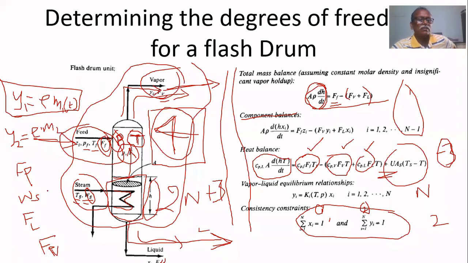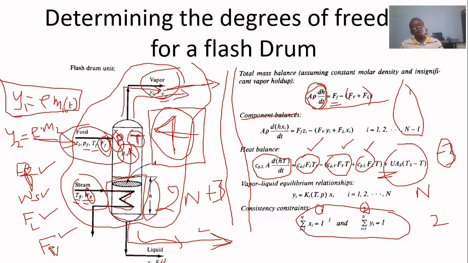So the four manipulated variables are: feed flow rate F, steam mass flow rate, liquid flow rate, and vapor flow rate.